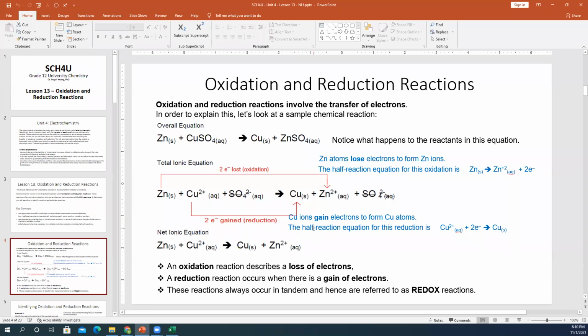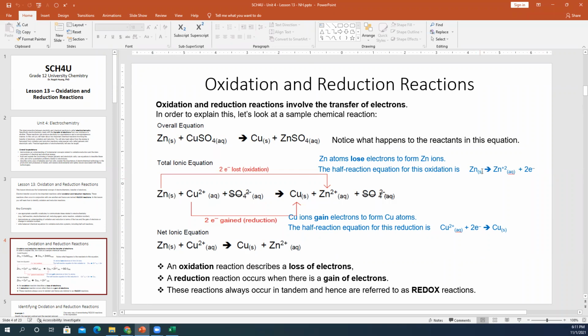So the copper ion has gained electrons to form this copper atom, and the zinc atom has lost electrons to become the zinc ion. And we can just focus on the half reaction equations for this oxidation of the zinc atom to the zinc ion by pulling it out and looking at it like this.